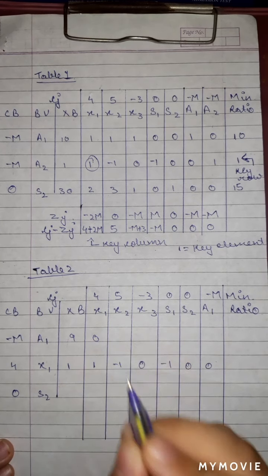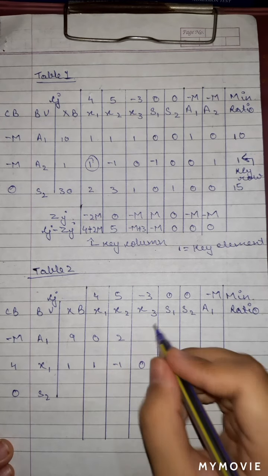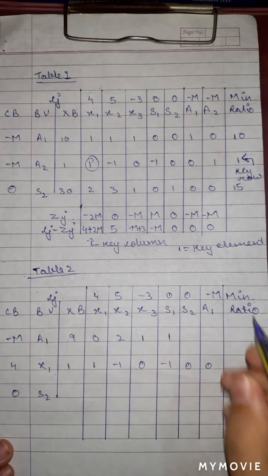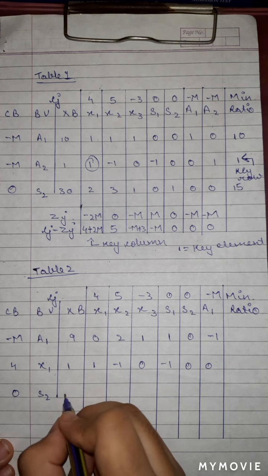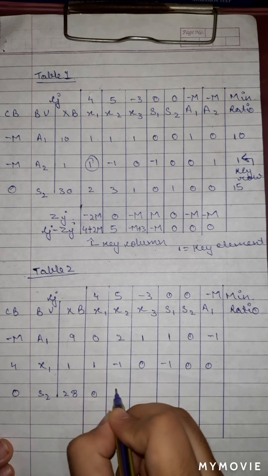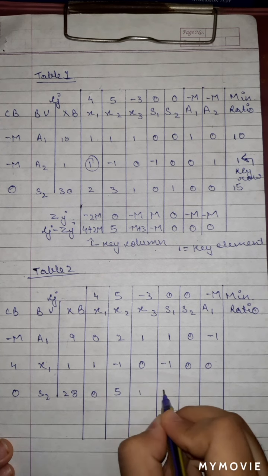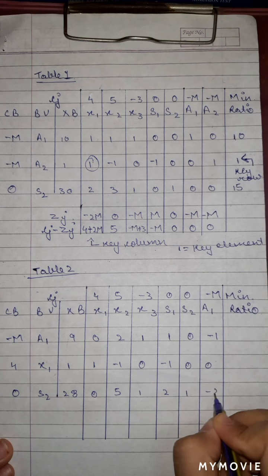Same for the rest of these: 0, 2, 1, 1, 0, -1, and here it would be 28, 0, 5, 1, 2, 1, -2.